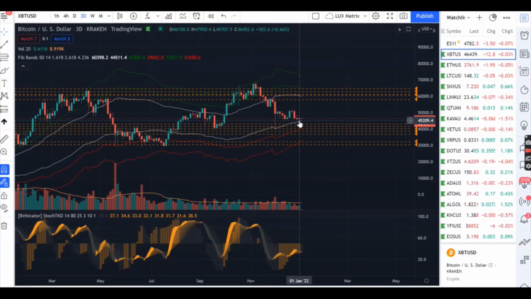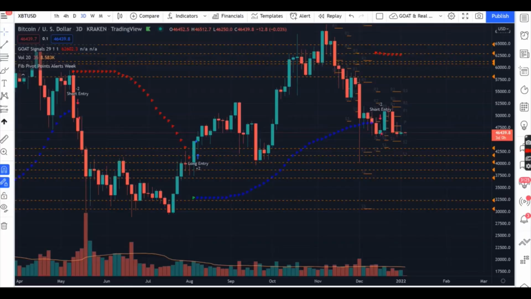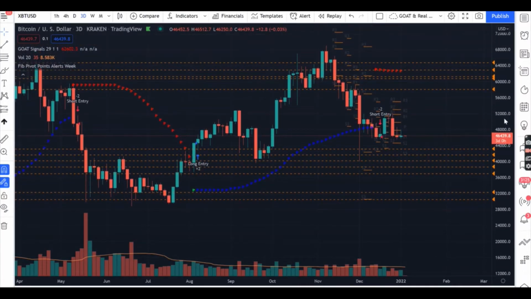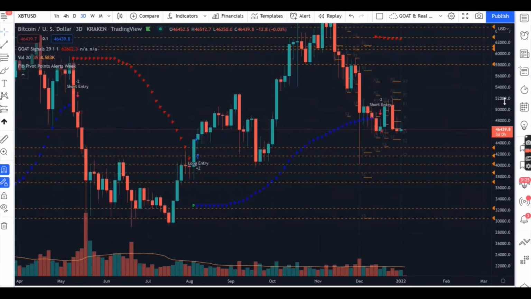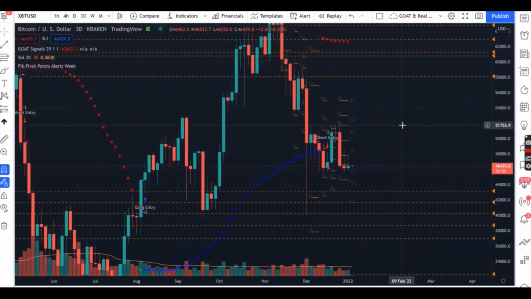And that was, like I said, the inverted hammer. But anyway, that's where we are as far as the price stands. And we're looking at this next chart, which is the weekly Fibonacci pivot points, which, as you can see, right here is the pivot point around 48,000.